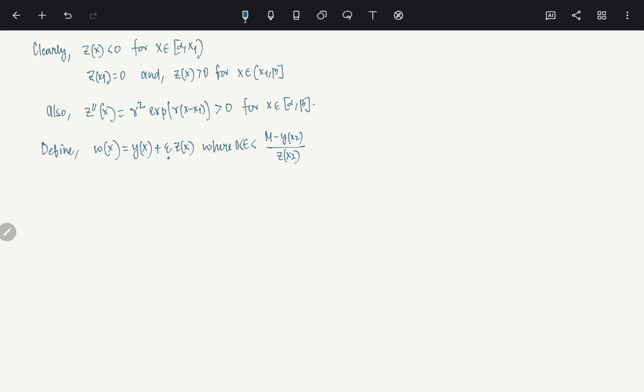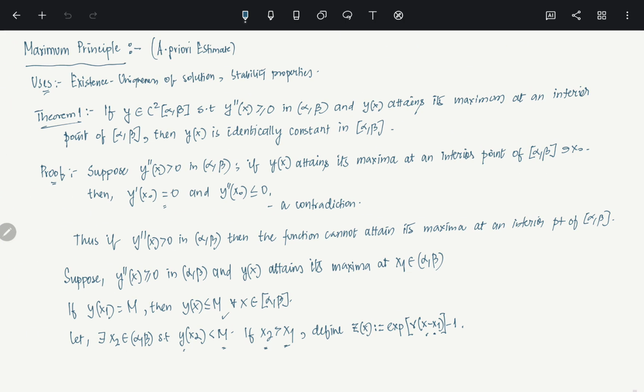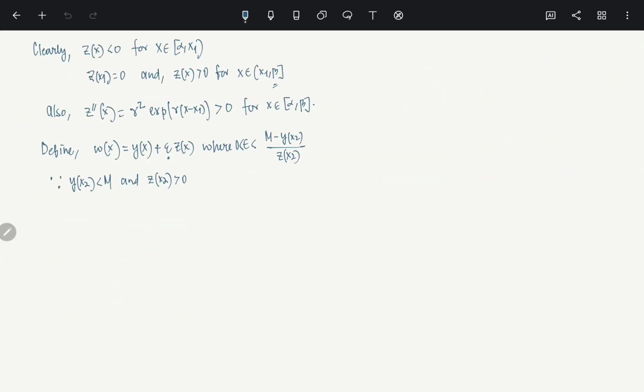Now, since you see y of x2 is less than m, as I have explained, and z of x2 is positive. See, z of x2 lies between x1 and beta, right? So z of x2 is positive and y of x2 is less than m, because we have assumed this, you see, this is our assumption. Okay, so therefore this sort of epsilon exists there, hence epsilon exists.